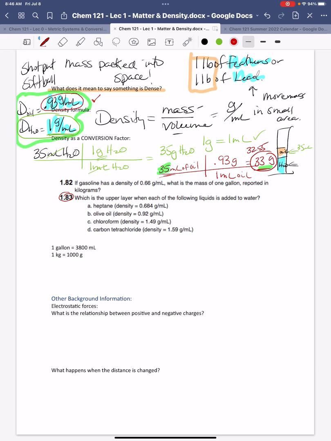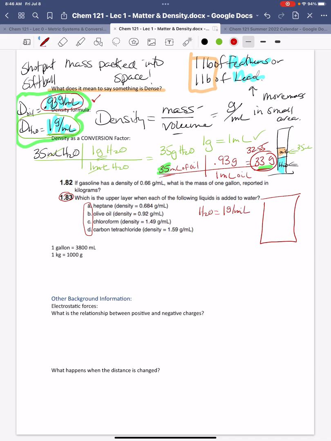Okay, so basically this is what this is asking. If we see these 4 different substances and we put them in water, the question is who's going to be on the top and who's going to be on the bottom, right? We know water has a density of 1 gram per milliliter.